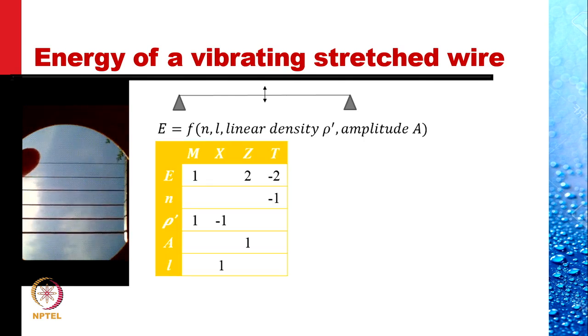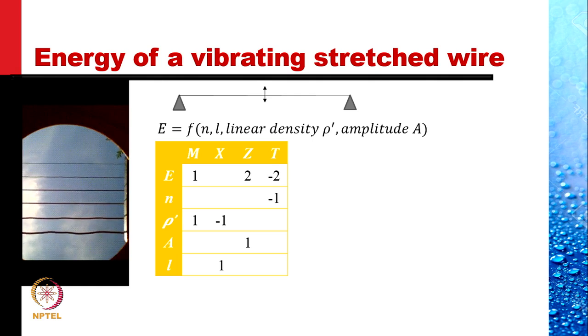We work in the M X Z T system. Instead of the length dimension L, we use 2 dimensions, one X along the string and the other Z perpendicular to the string.